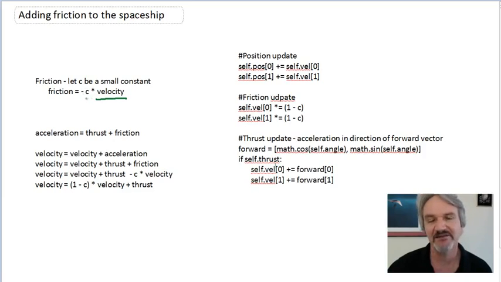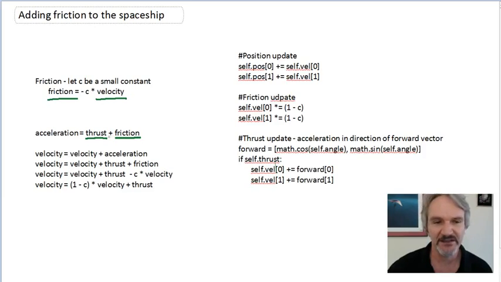What that does is take the velocity vector, scale it down a lot, and point it in the opposite direction, and that's going to be an acceleration. It's going to correspond to how much the ship is going to decelerate on every particular step. So now in our model, we're going to have two sources of acceleration for our ship: thrust in the forward direction, and friction in the opposite direction of the velocity vector.